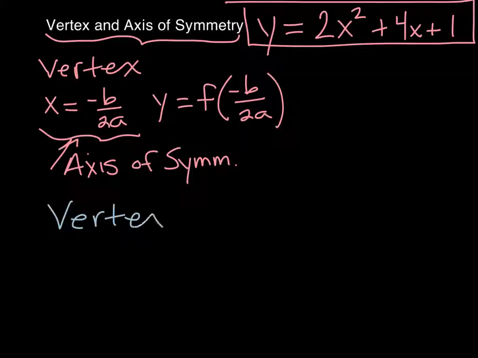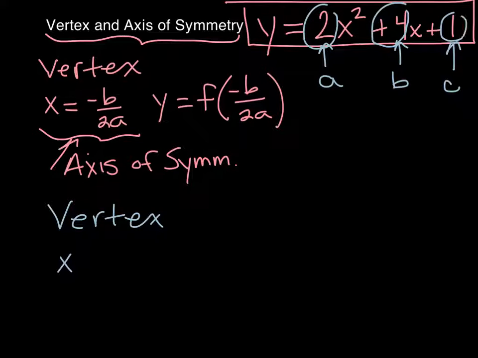So starting with the vertex, we want negative b over 2a. So I am going to identify here that a is 2, b is positive 4, and c is 1. So for negative b, we would get negative 4 over 2 times 2, and we would get negative 1. Now that's just the x-coordinate of the vertex.